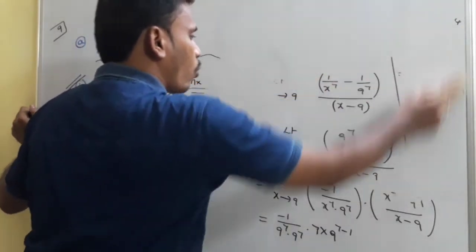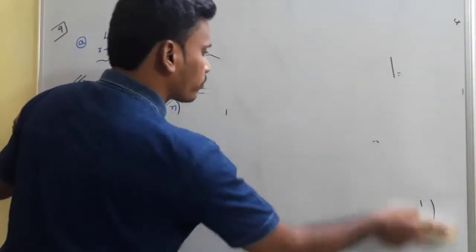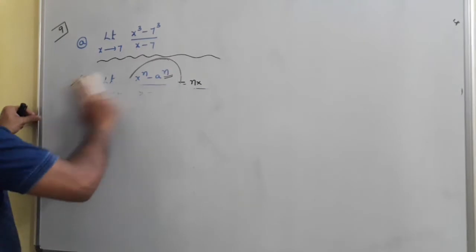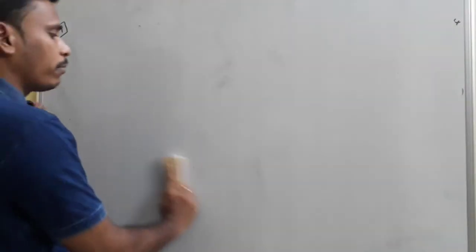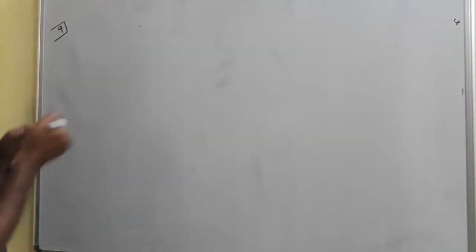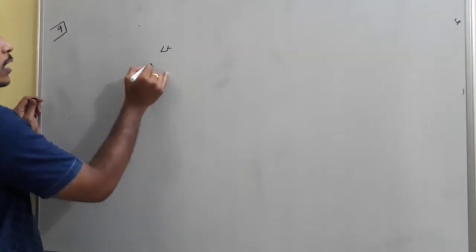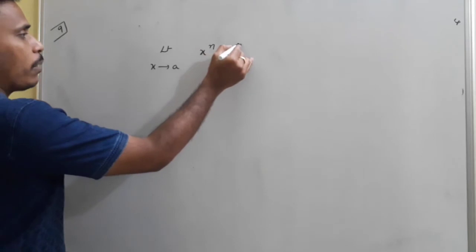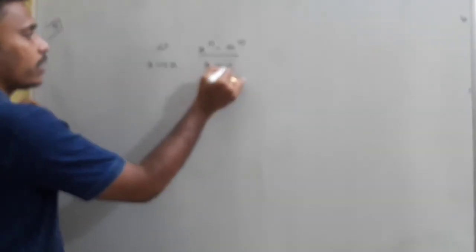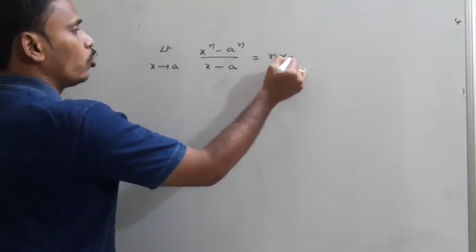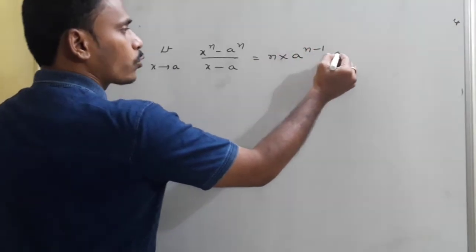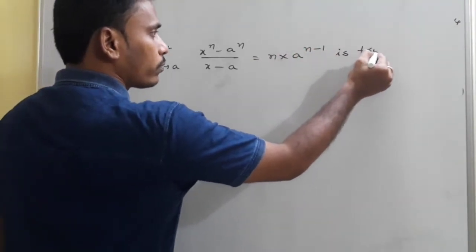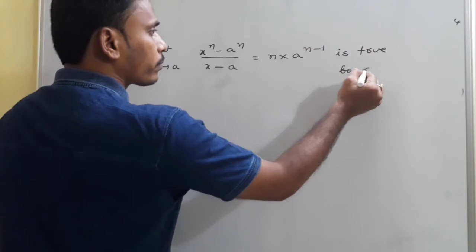Finally, you just memorize one thing, which is limit x tends to a, x power n minus a power n by x minus a, equals n into a to the power n minus 1. Limit x tends to a, x power n minus a power n by x minus a equals n into a to the power n minus 1, is true for all n.